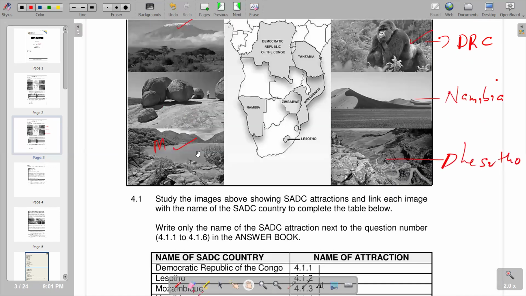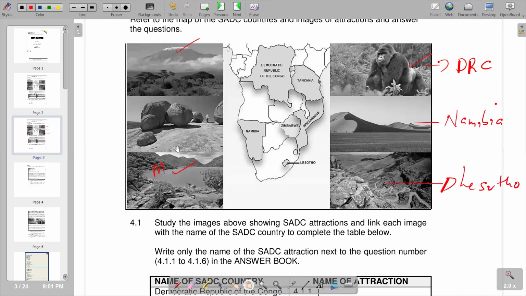So obviously we can now look at Zimbabwe. We have some hills here, and we know that we have the Matopos Hills in Zimbabwe. So this becomes our relation to Zimbabwe. So basically, this is what we have. Remember the names of those tourist attractions.